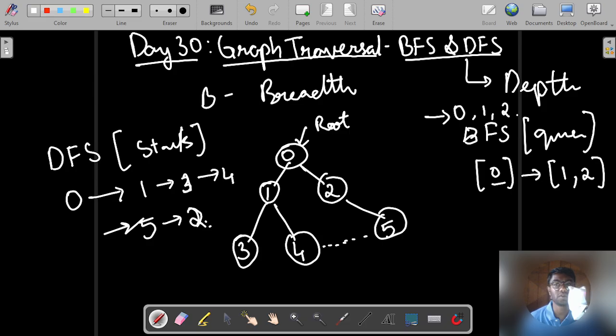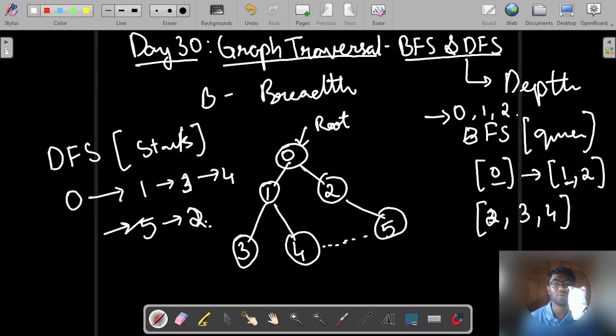We dequeue 1 and add in the next level nodes that are under it, 3 comma 4. Next we dequeue 2 and add in 5. As we do this, we add all of these since all of them are unvisited.